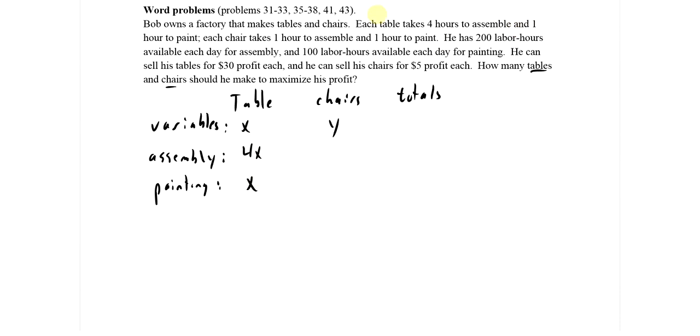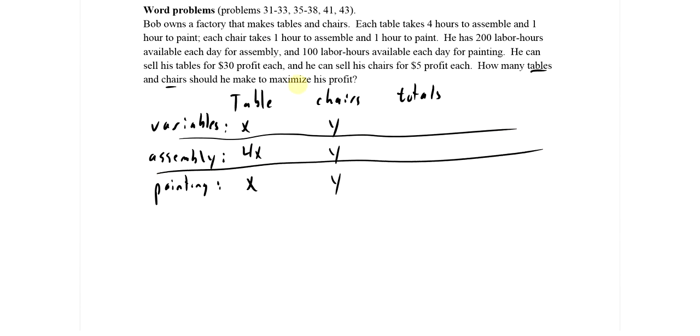For chairs, each chair takes an hour to assemble, so y chairs means y hours. And each chair takes an hour to paint, so you have y hours devoted to painting. Let's put in some columns and rows there. Totals, there's no totals for the variables.